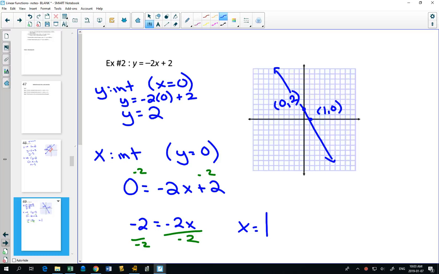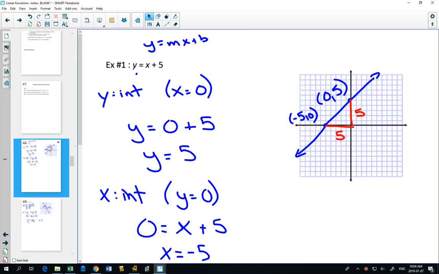So in these ones, example 1 and example 2, thinking of all the methods that we've learned so far, table of values, y equals mx plus b, and now intercepts, I think for these first two, because they're already in y equals mx plus b form, I might choose y equals mx plus b for graphing.